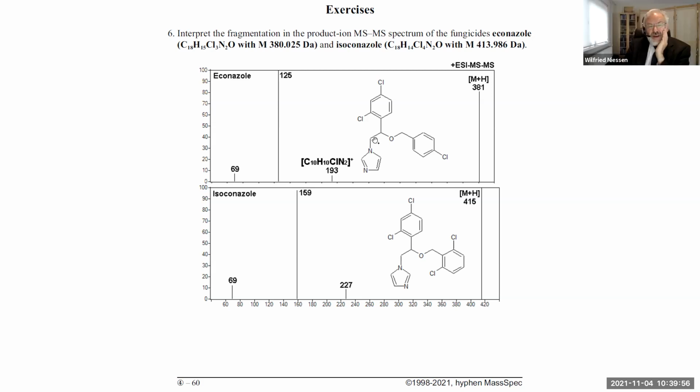If I cut the nitrogen carbon bond and keep the charge at the bottom, I get hydrogen rearrangement, of course, then I get the 69. That's the protonated imidazole.